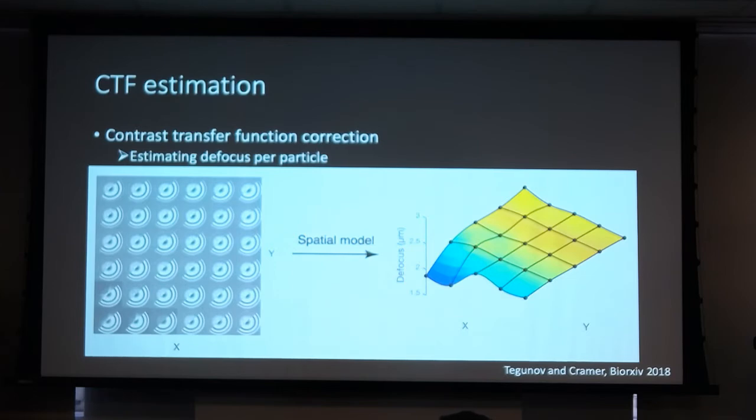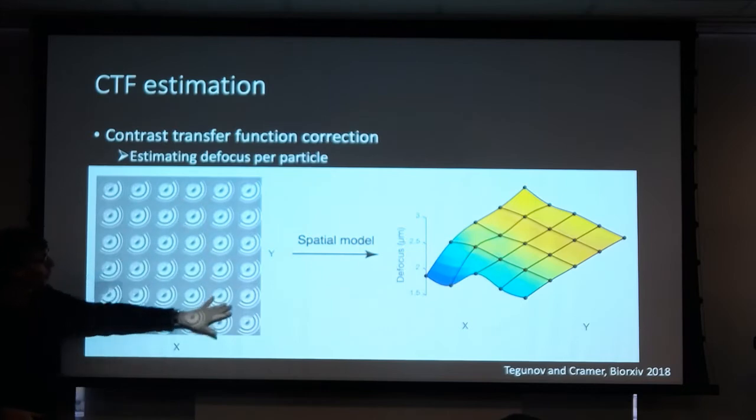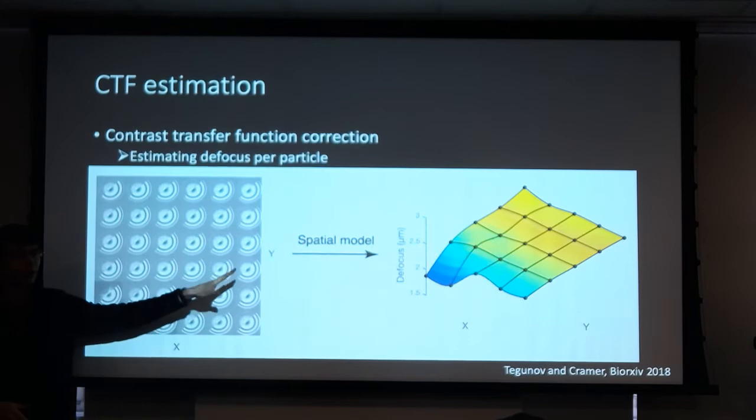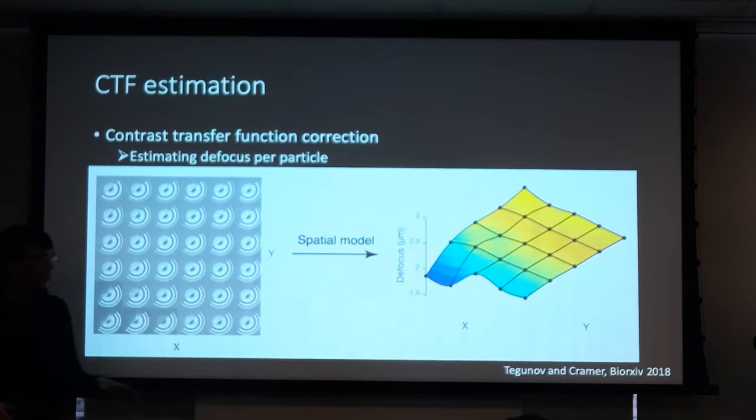CTF tilts by the Grigoriev group has been doing that maybe a bit more accurately, but within a single plane, so a fairly simple model of your defocus variations. WARP maybe has been the first one to really do it really well, where you basically measure the defocus across your whole micrograph, and then you fit a model that's kind of a loose model, where things can wave around.